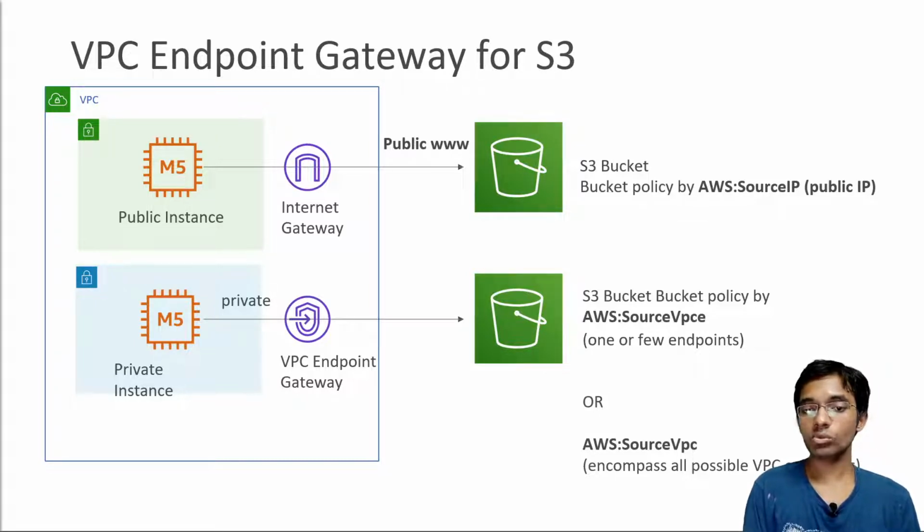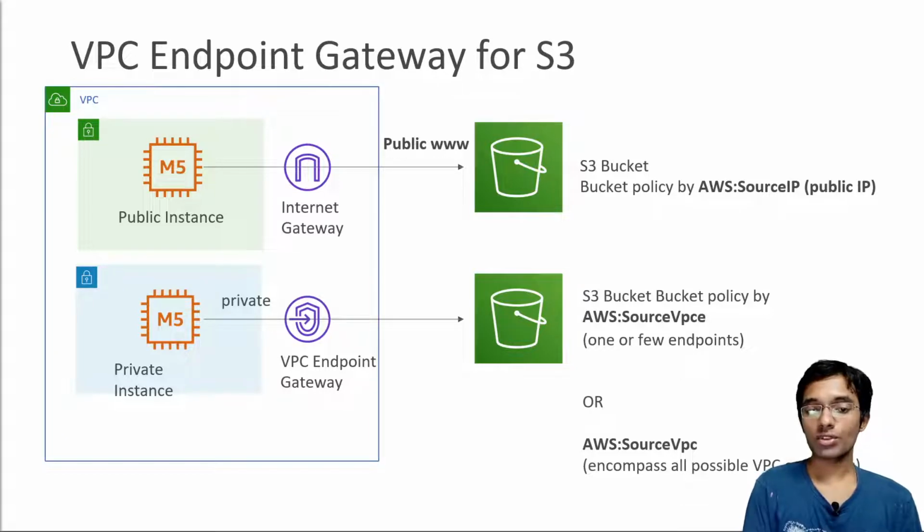The first one is the AWS source VPCE, where you can specify one or a few VPC endpoints that are allowed to access these buckets, or the AWS source VPC to encompass all the possible VPC endpoints that belong to a specific VPC. So these would be two very important conditions to remember for your S3 buckets.